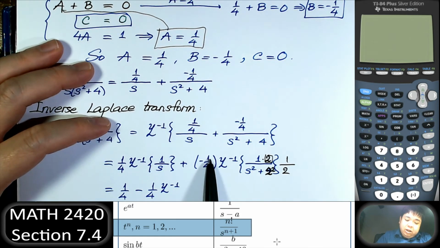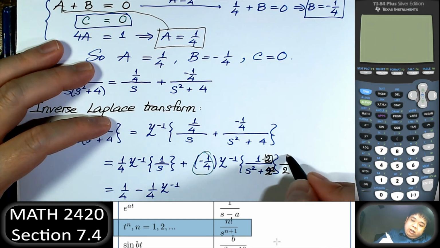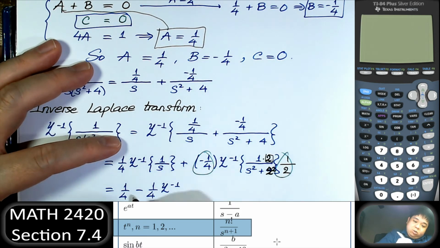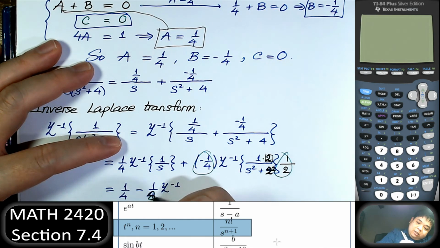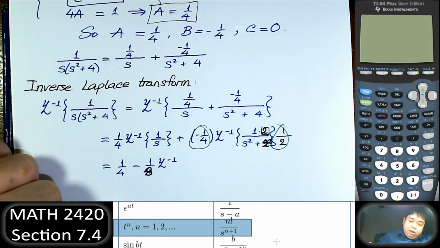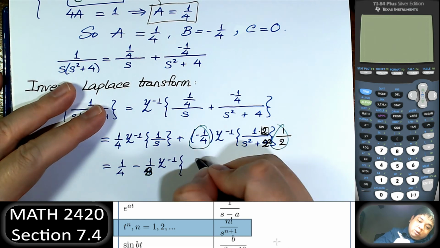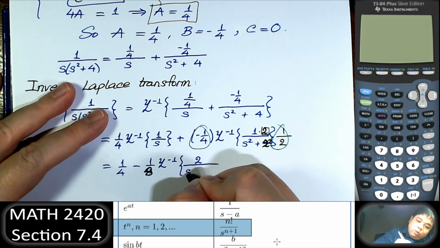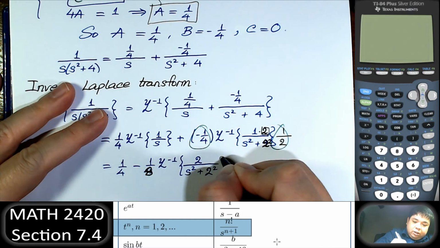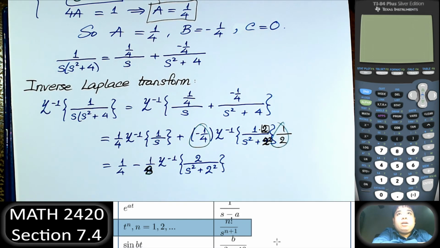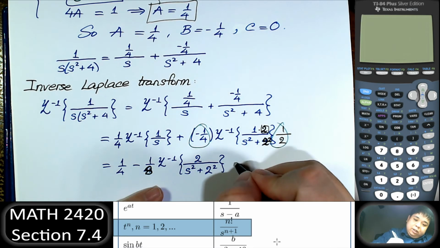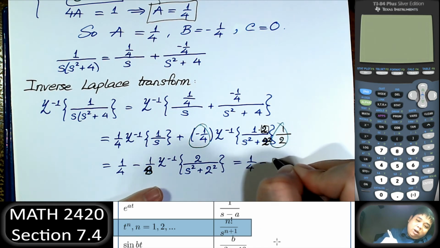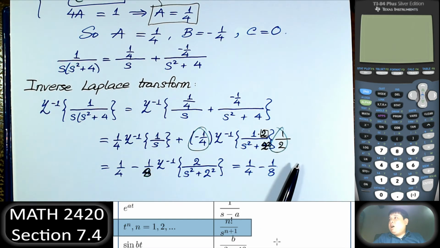In that case, negative 1/4 and 1/2 put together is negative 1/8. In that case, we have the inverse Laplace transform of 2 over s squared plus 2 squared. So we have 1/4 minus 1/8, and the Laplace transform of that will be the constant on top.